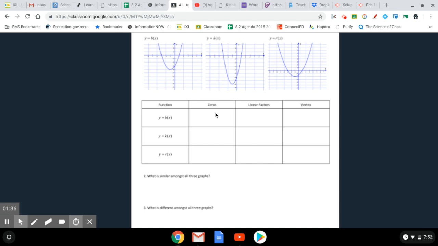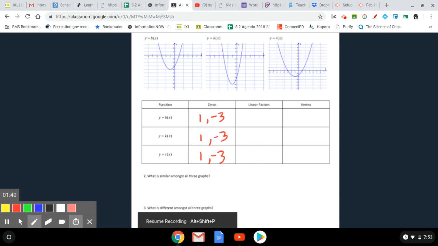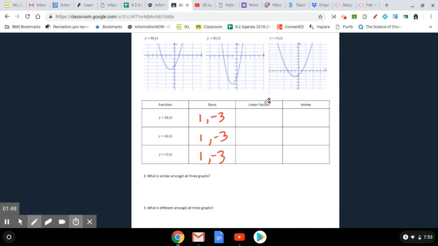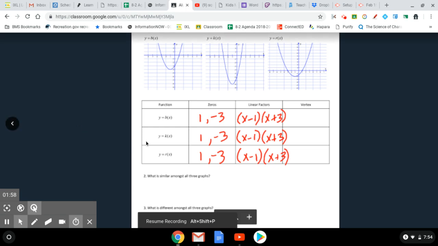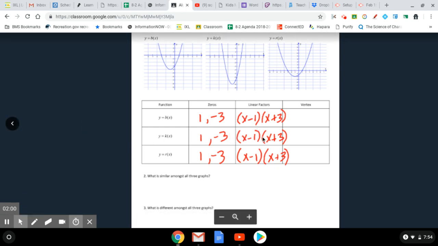So all three of them have the exact same zeros. Okay, so now I'm going to be looking for the linear factors. Well, I'm using my zeros to get my linear factors. So I get the same two linear factors each time since they have the same two zeros.